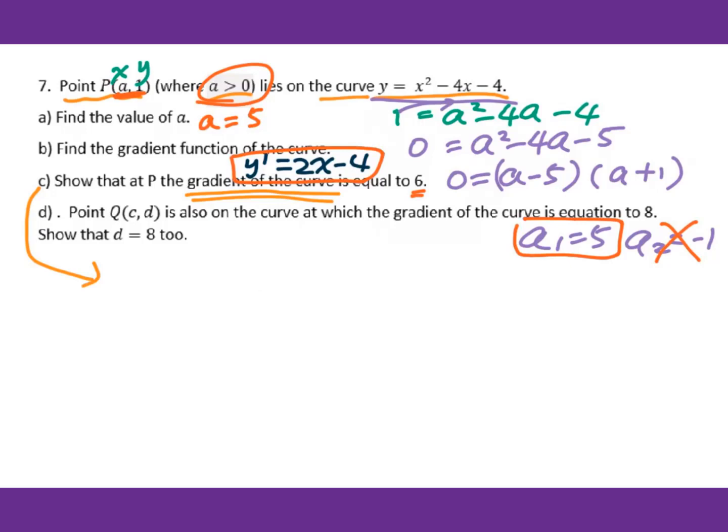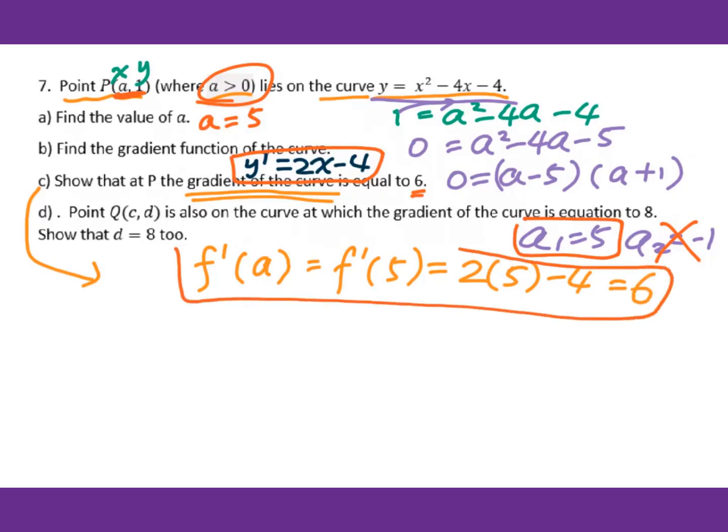So we have f prime of a, which means f prime of 5. We plug into 2x minus 4: 2 times 5 minus 4 equals 6. That's it. So this shows that at P, the gradient of the curve is equal to 6.